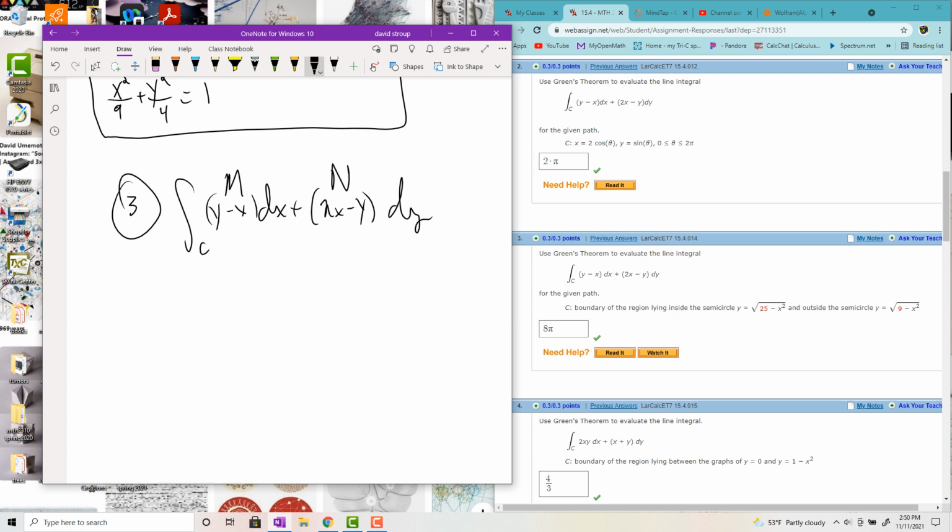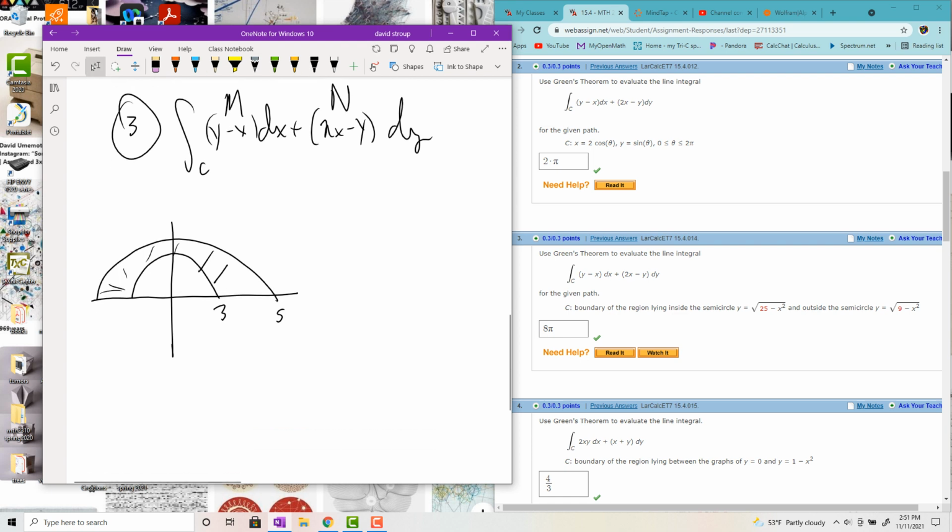The path is the boundary of the region inside the semicircle y equals the square root of 25 minus x squared, so that's a circle with radius 5, so inside there, and outside the circle with radius 3. So I need this region here in our double integral.